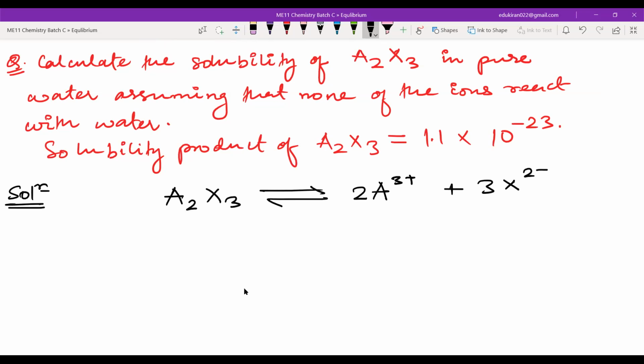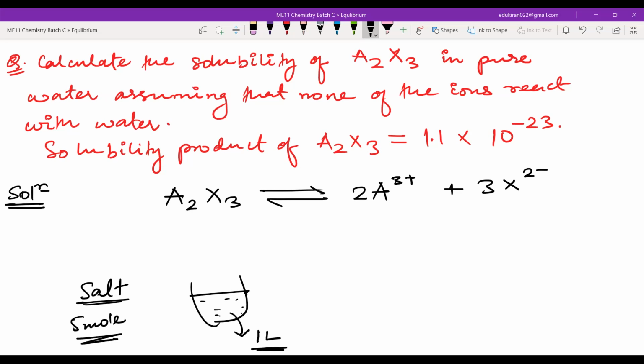Let us say I took a salt, 5 moles of salt. I added that salt into water, and the solution was 1 liter. So we had 5 mole and 1 liter.